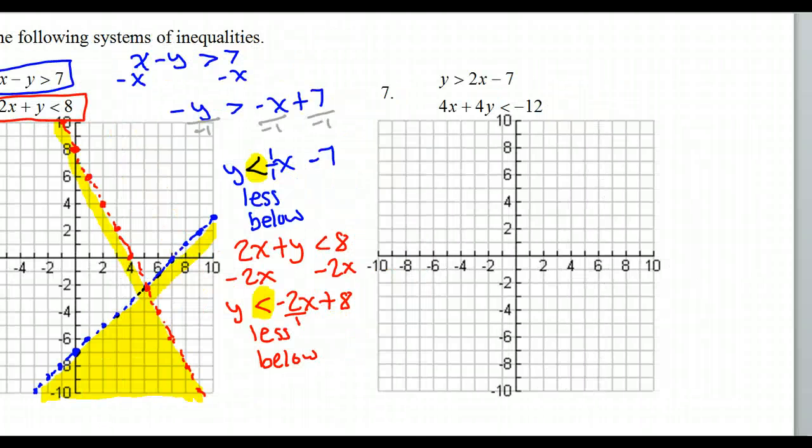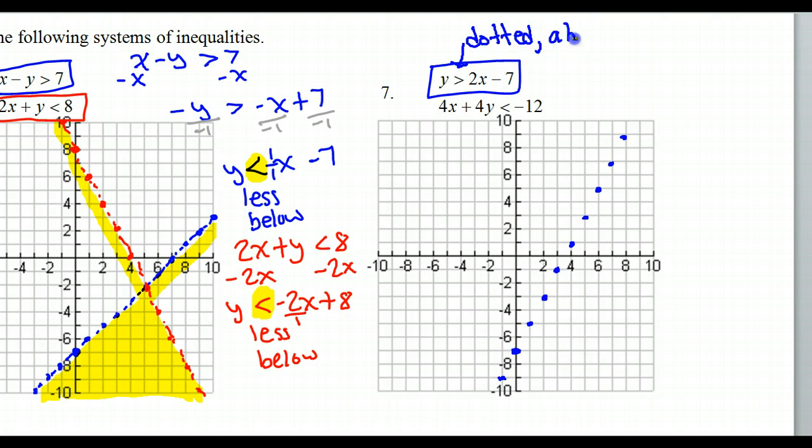Alright, number 7 is almost the same thing. And again, I'm going to do as little talking as possible. So this is what the line should look like.